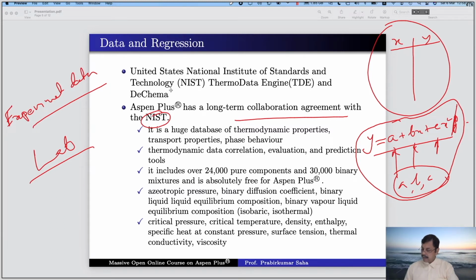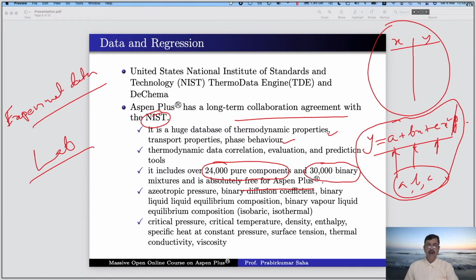This NIST has a huge database of thermodynamic properties, transport properties, and phase behavior of a lot of components, maybe around 24,000 pure components and around 30,000 binary mixture data. And the good news is that it is absolutely free for Aspen Plus users. You do not have to pay anything for this data.